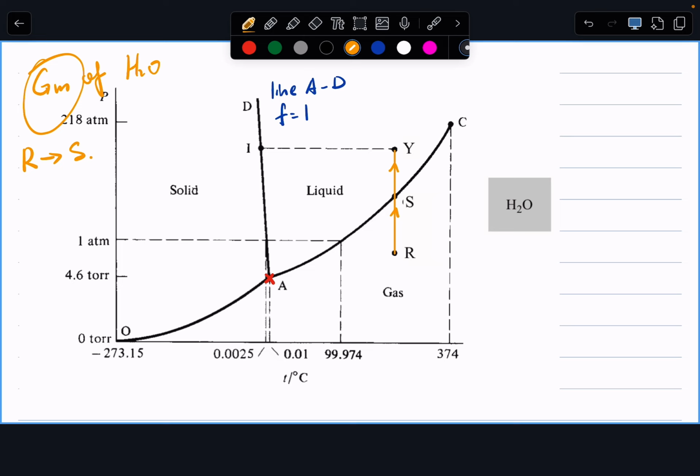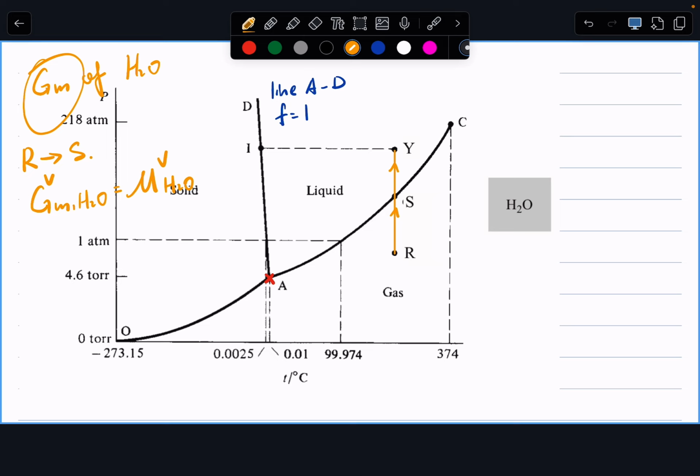We're in one single phase of ideal gas, right? So for the process between R and S, which is a single phase process, we have Gm, the molar Gibbs free energy of H2O, equals the chemical potential of pure H2O in the vapor phase.